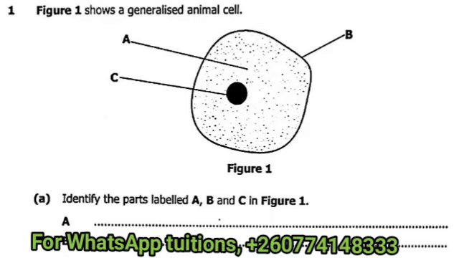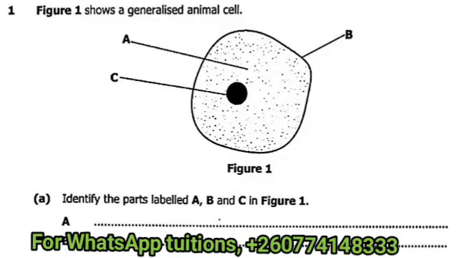So putting this cell into a hypertonic solution means a solution higher in concentration than the solution inside of the cell. They simply mean putting this cell in a more concentrated solution than it is.